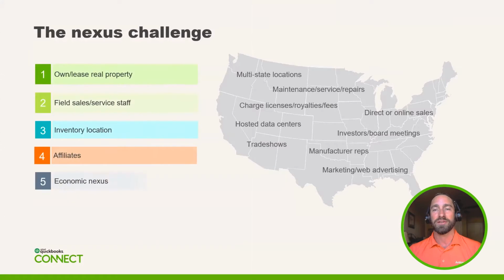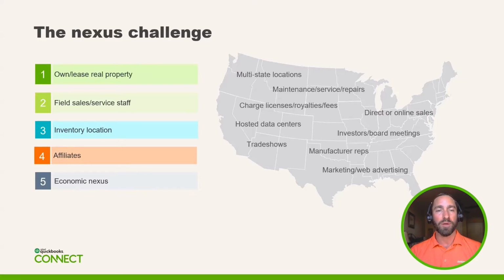And what I like to say is, think about all of the things you see on the right side of the screen here on the map, and ask yourself if you have any of those outside of the state you're located in. So if I'm located in North Carolina and I go to trade shows in Texas, if I have multiple locations across the US in Washington, Arizona, and California, if I have inventory or board members or employees outside of my home state, those are states you should be collecting and remitting sales tax in.